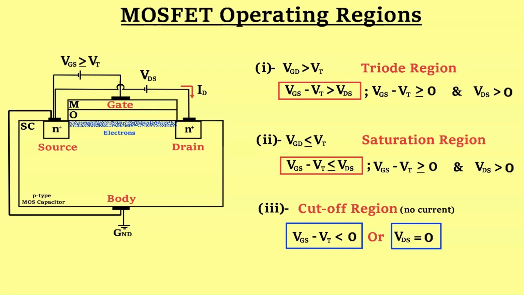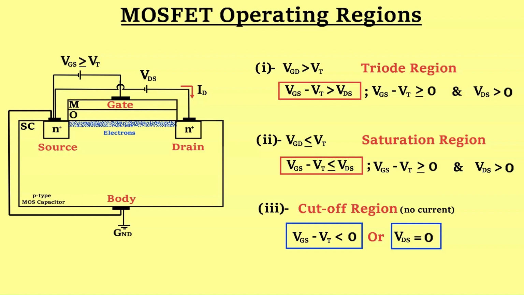In the triode and saturation region, both conditions are necessarily required. However, in the cutoff region, if any one of the conditions, whether of overdrive voltage or drain to source voltage, is satisfied, then the MOSFET is said to be operating in the cutoff region.